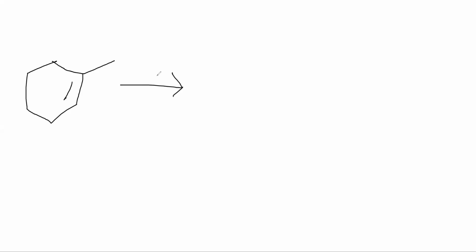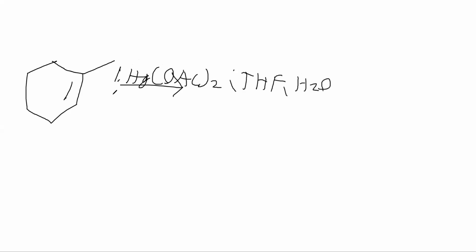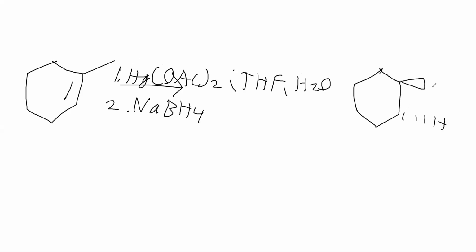And the other way to form an alcohol would be oxymercuration, demercuration. So that will lead to this dash and then this wedge.